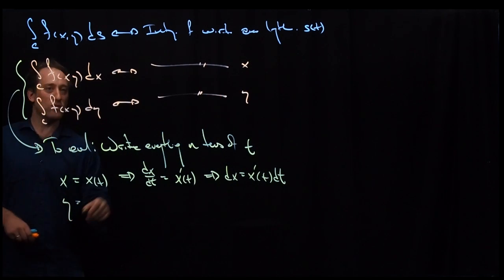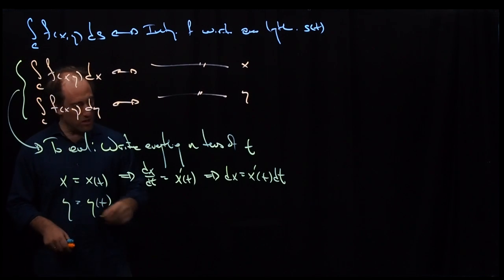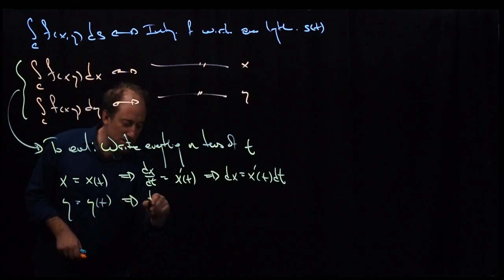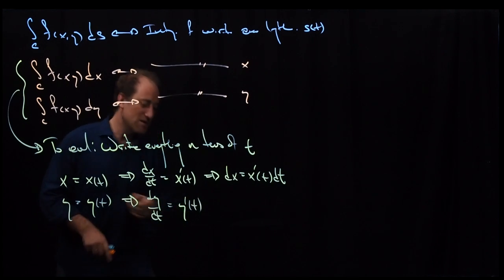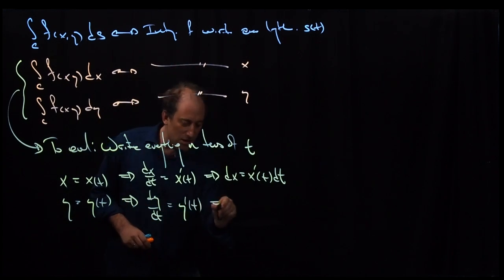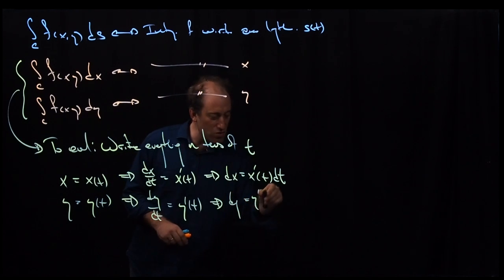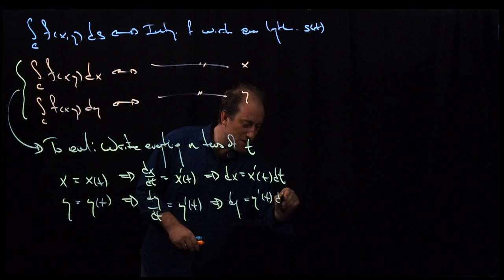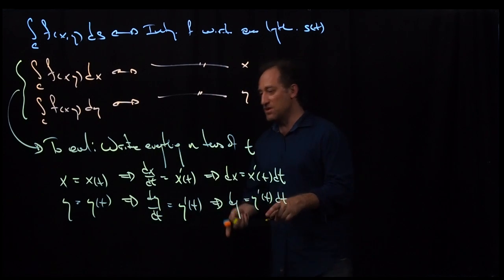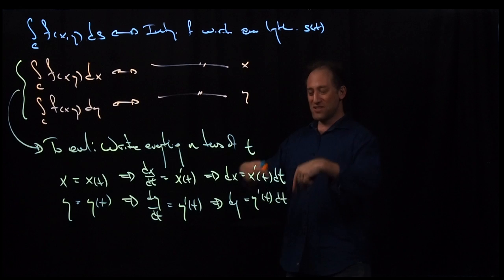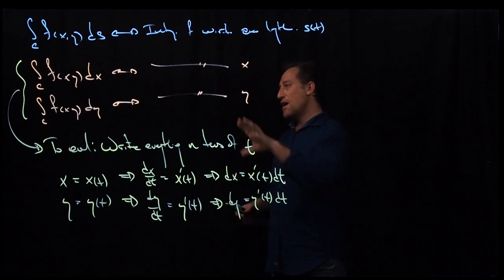Likewise, y will be written as a function of the parameter t, and this will say that dy dt, which is the same thing as y prime of t, can now be written as dy is equal to y prime of t dt. It looks like I am just sort of fiddling around with notation. Well, really, I am just sort of fiddling around with notation for the moment. Hopefully, two things.